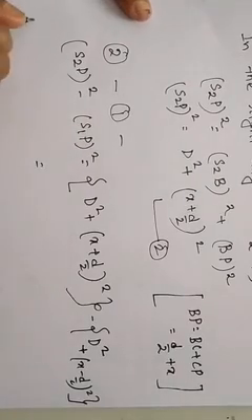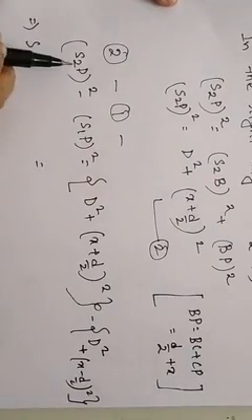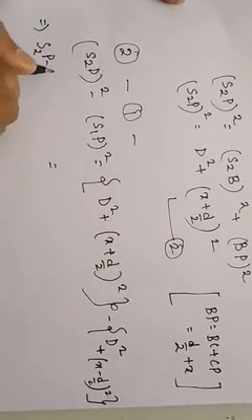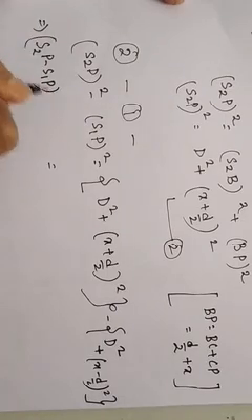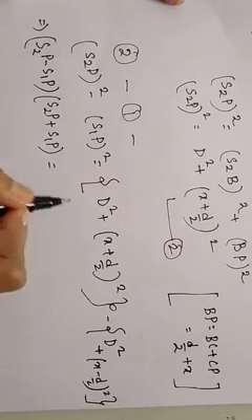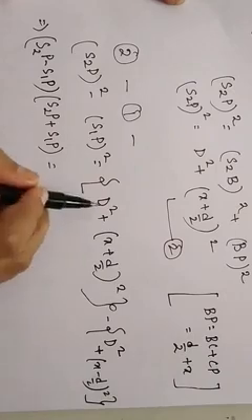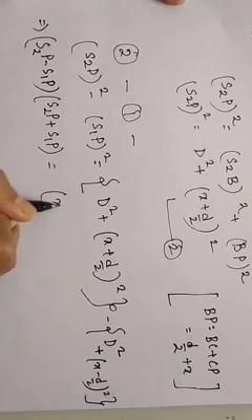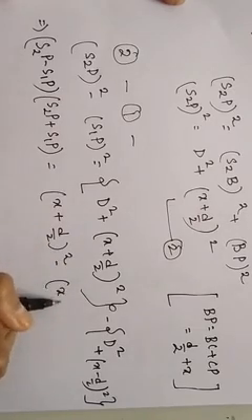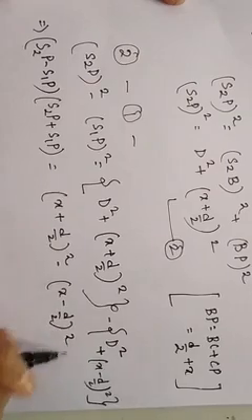See, it is like a square minus b square, so we can write it as S2P minus S1P into S2P plus S1P. And here D square and minus D square will cancel and we will have x plus d by 2 whole square minus x minus d by 2 whole square.